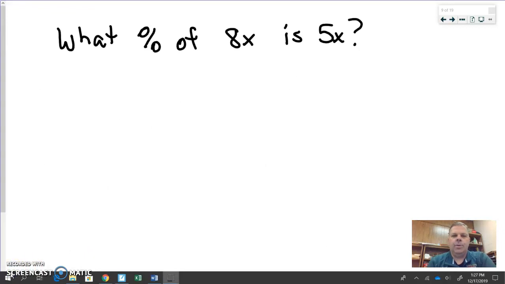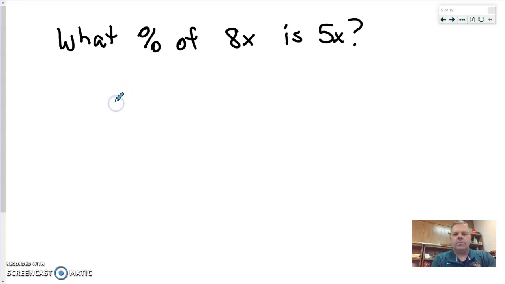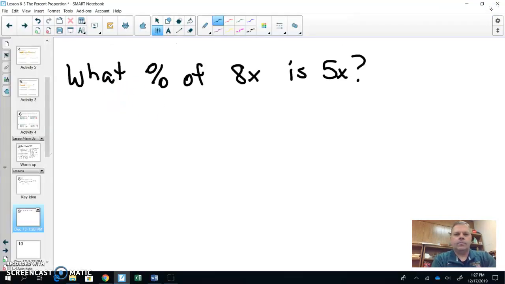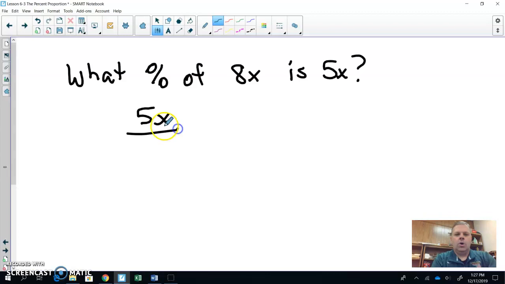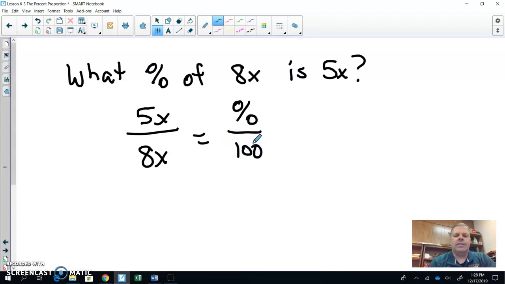One of the questions that people have had problems with on the homework deals with number 14. What percent of 8x is 5x? So when I set this up, is 5x over 8x of equals percent. I'm not sure what percent, but I do know it is out of 100. So here's how I set this up.